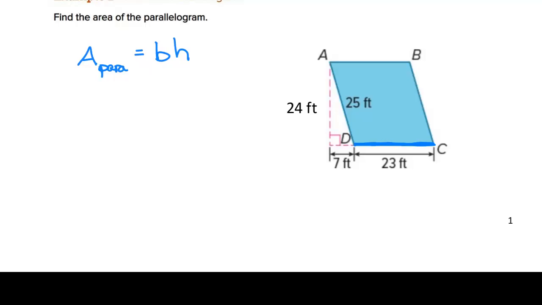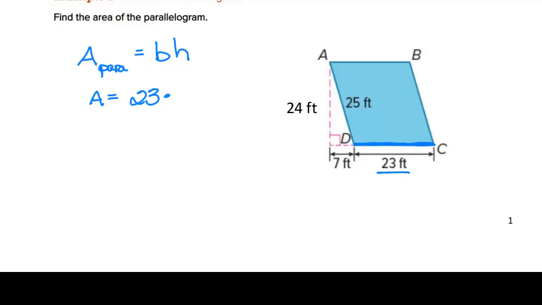And that has a length of 23 feet. So we're saying area is the base, which is b of 23, times, now since we're using numbers, we do need to put some sort of multiplication sign there. Either a dot or a multiplication sign or parentheses. The height, I am looking for the straight up and down height.